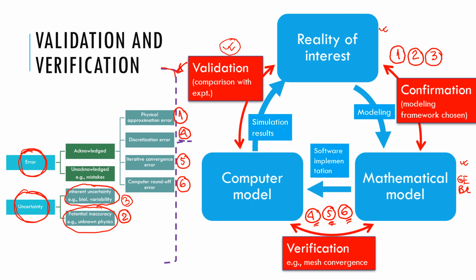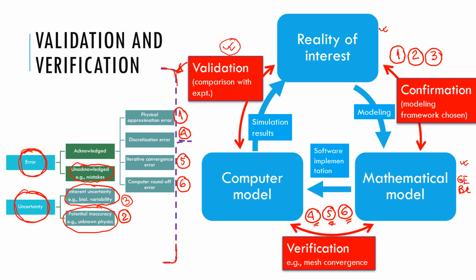I don't want to make the drawing messy, but it includes all of the errors and uncertainties in this stage. That includes acknowledged error and even unacknowledged error, like mistakes. For example, it will include a mistake we made in the units, let's say.